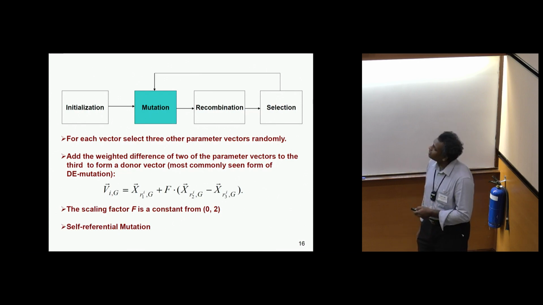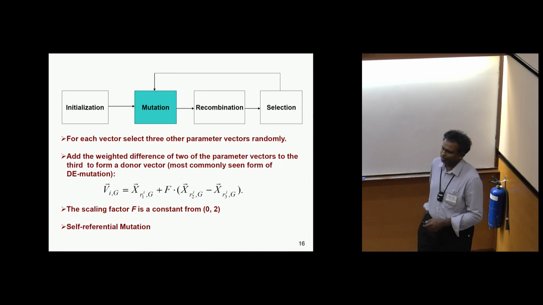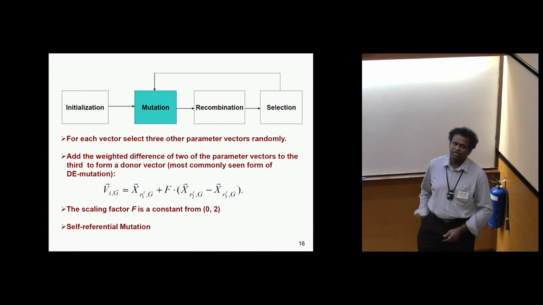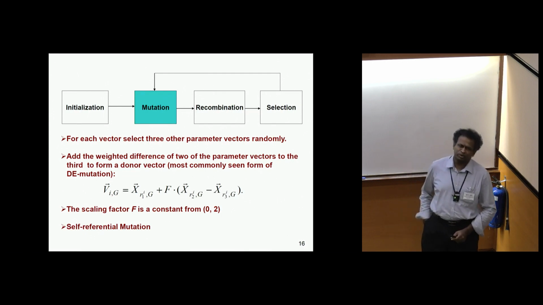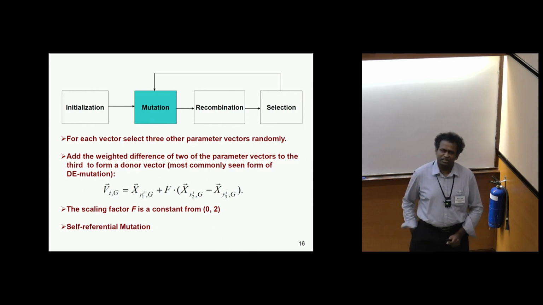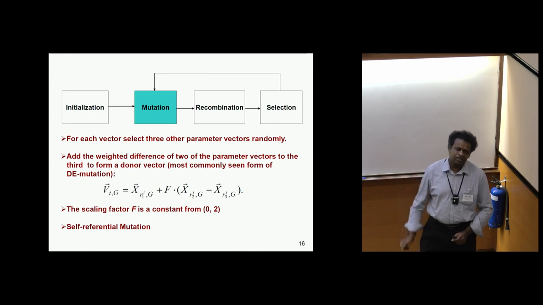Differential evolution has an advantage compared to, for example, evolution strategy or evolutionary programming. From yesterday's slides, you may remember that sometimes we talk about Levy mutation, Gaussian mutation, and all those things. When we talk about Gaussian mutation, you have to specify the sigma value, the mutation step size parameter.